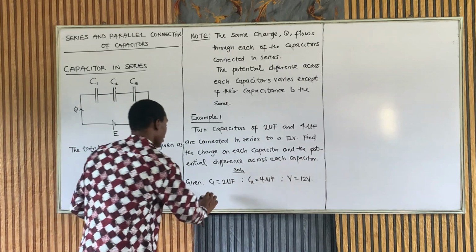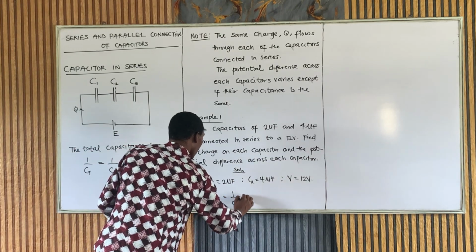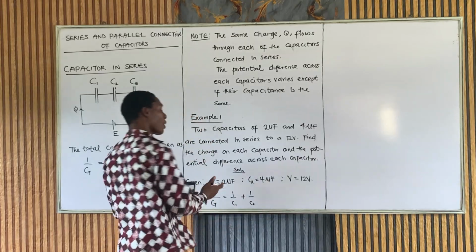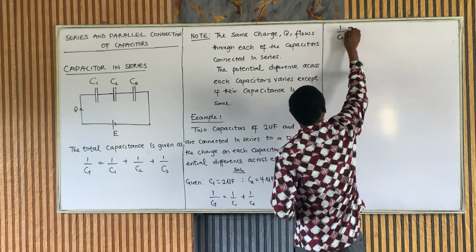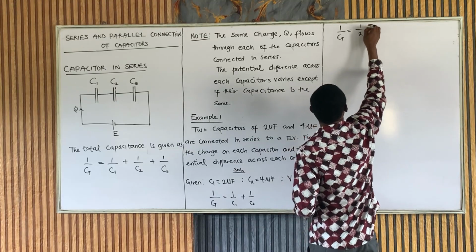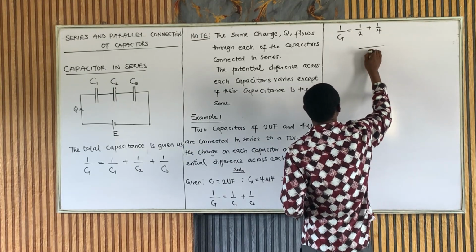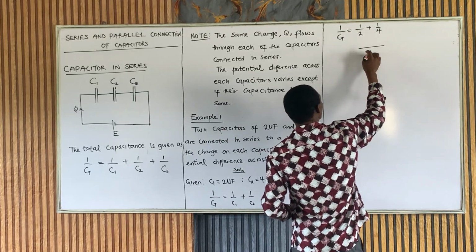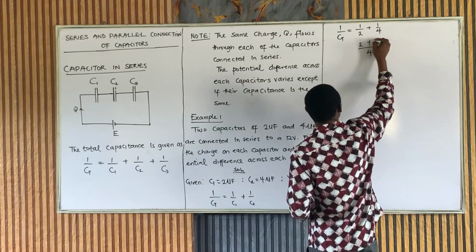Now we can say that 1 over C total is equal to 1 over C1 plus 1 over C2, since they are connected in series. So we can say 1 over C total is equal to 1 over 2 plus 1 over 4. The LCM will just be 4. 2 into 4 is 2, times 1, 2; plus 4 into 4 is 1, times 1, 1.